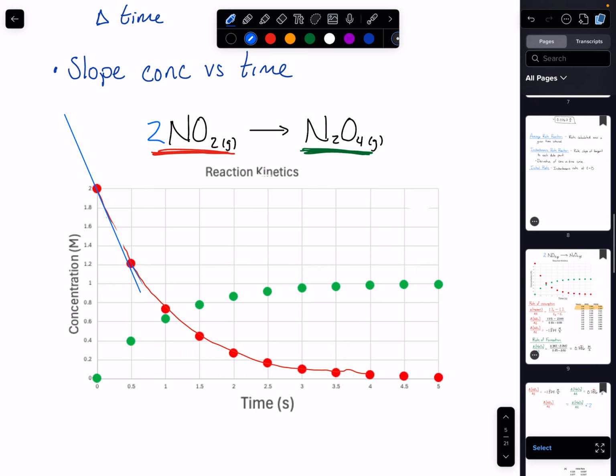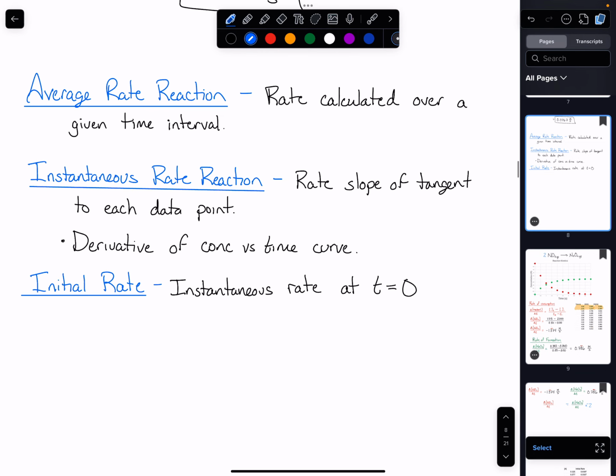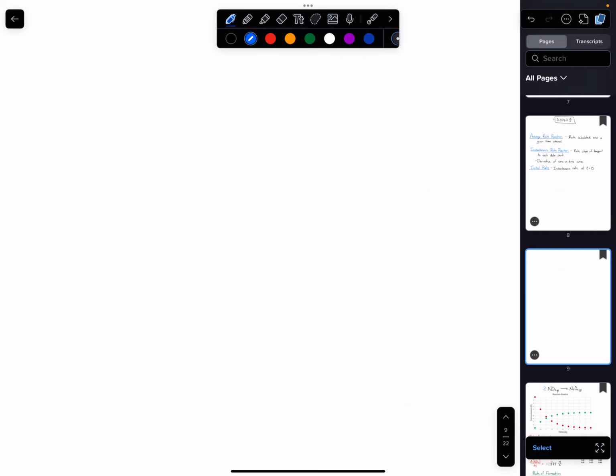Okay, cool. This initial rate business, we're going to talk about this term again in a second, but we've got to jump on. So now we're going to talk about what we call the rate law.